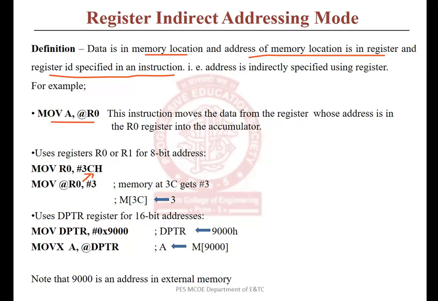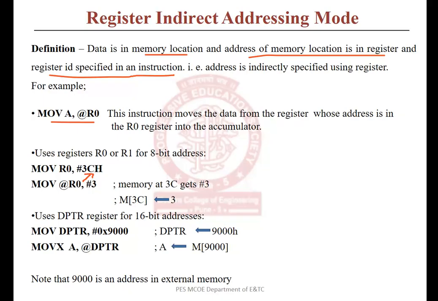So when you put the at sign, this will become a memory location. Here 3C is the value stored into R0, and this data 3 has to be moved to the memory location pointed by R0, which is 3C. So data 3 will get moved to 3C. So this is how register indirect addressing mode works.